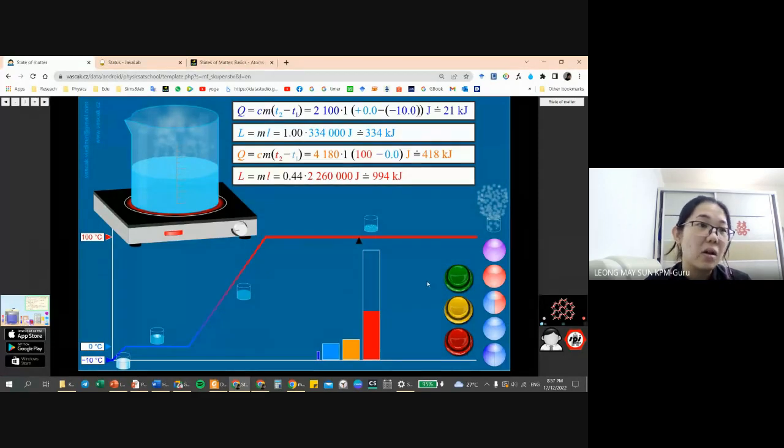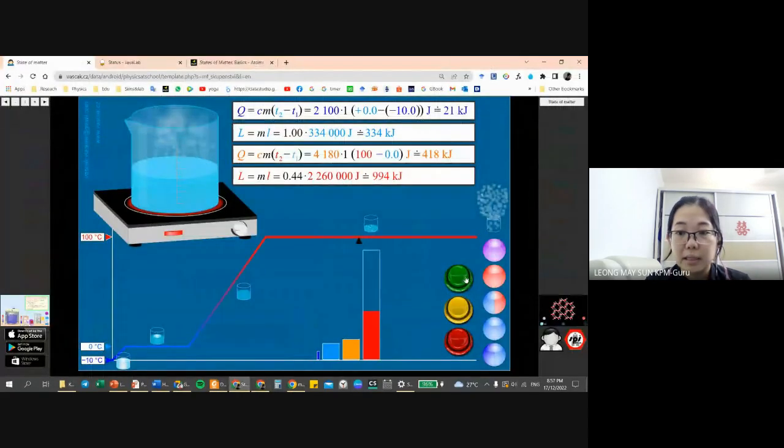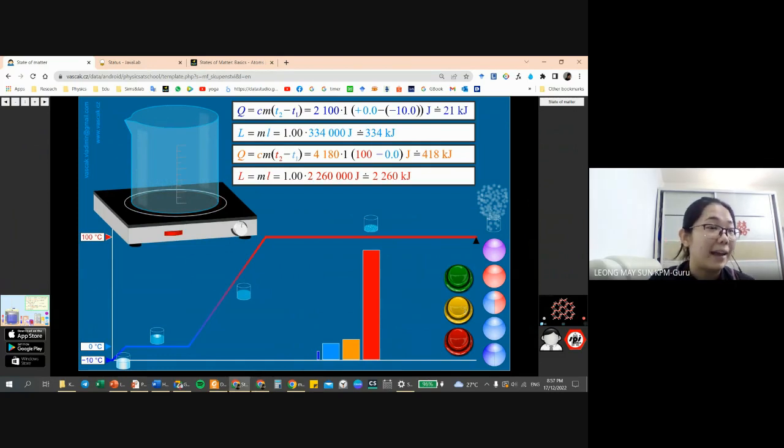That is still considered 100 degrees Celsius, but we cannot consider it as fully vapor. At point T, all the liquid has been boiled and has already changed to gas, and normally this is not what our parents want to see, because that's when the pot starts to get black and the smoke comes out from the stove already.